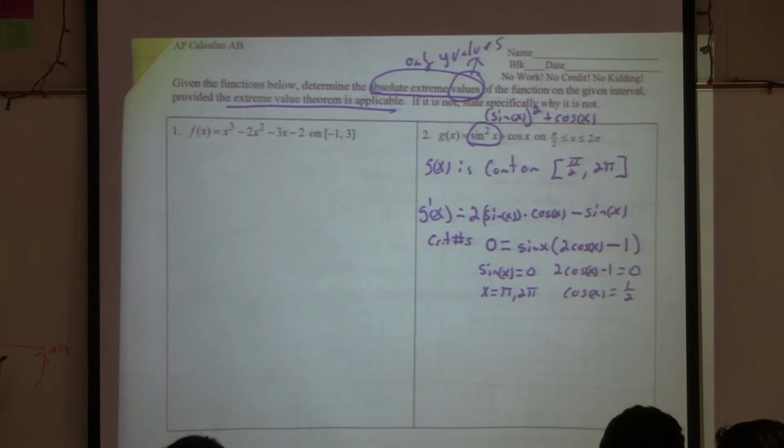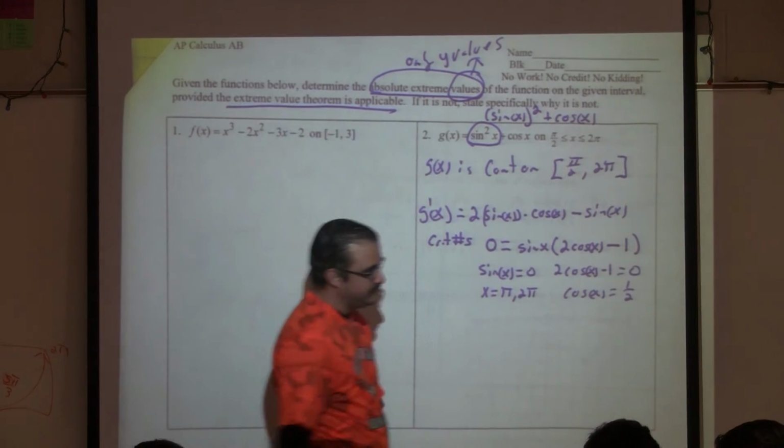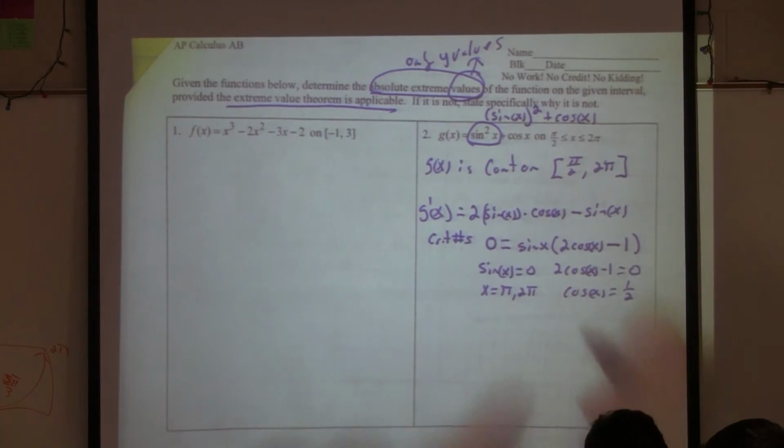All students take calculus, so it's only going to be positive here. When is cosine equal to half in the first quadrant? Pi over 3. So what's over here? 5 pi over 3. Double the bottom, minus 1: 3 times 2 is 6, take away 1 is 5. Good? 5 pi over 3.